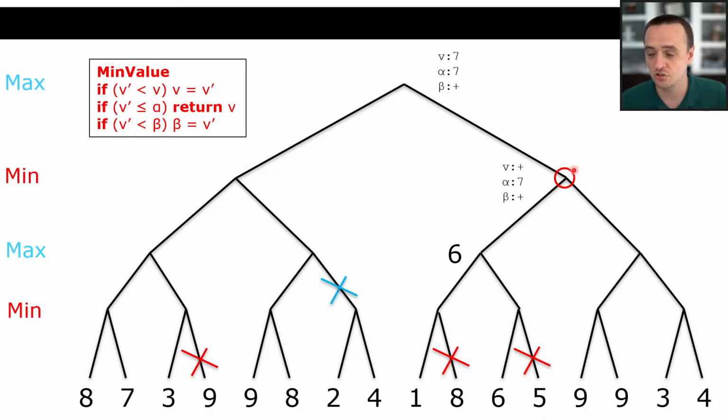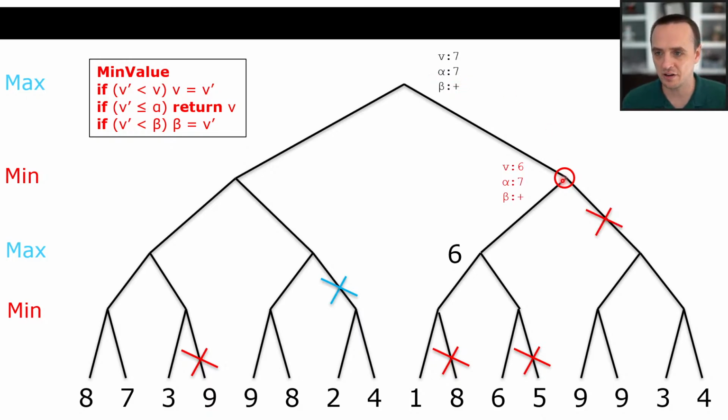So this one is trying to minimize, and it already has a value of 6. So this value is going to be less than or equal to 6 no matter what else is computed, right? Because it's minimizing over 6 and a bunch of other stuff. It's going to be at most 6. But this one wants it to be at least 7.